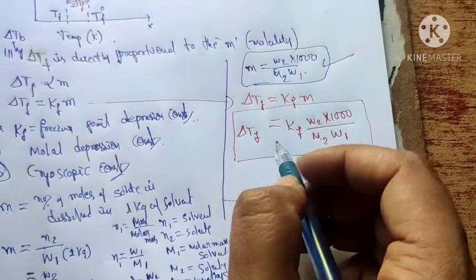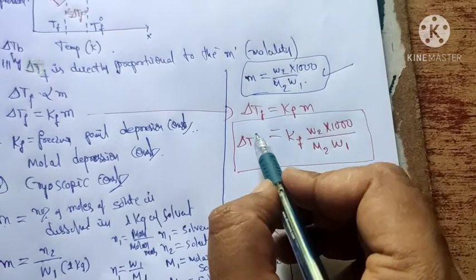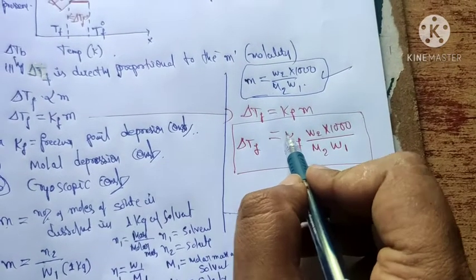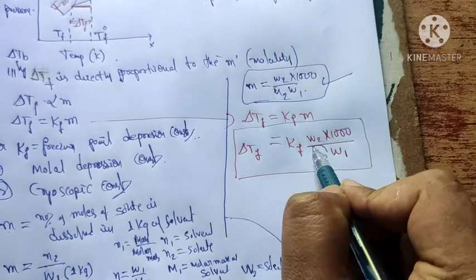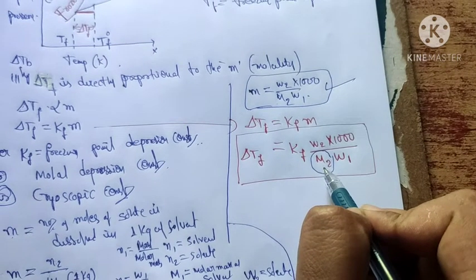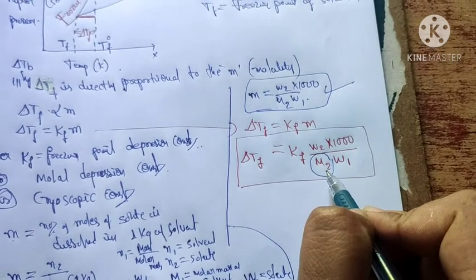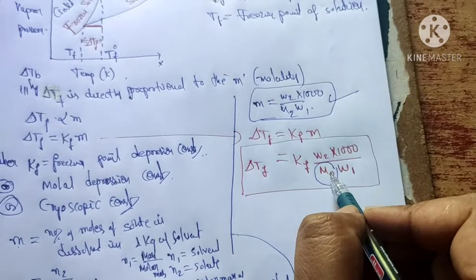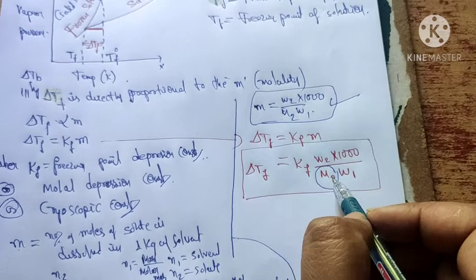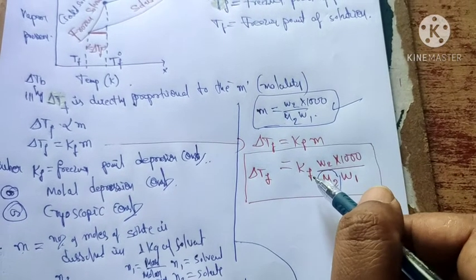Students, by knowing all the values or quantities, you can easily calculate the molar mass of solute. This method of calculation of molar mass is called the cryoscopic method.